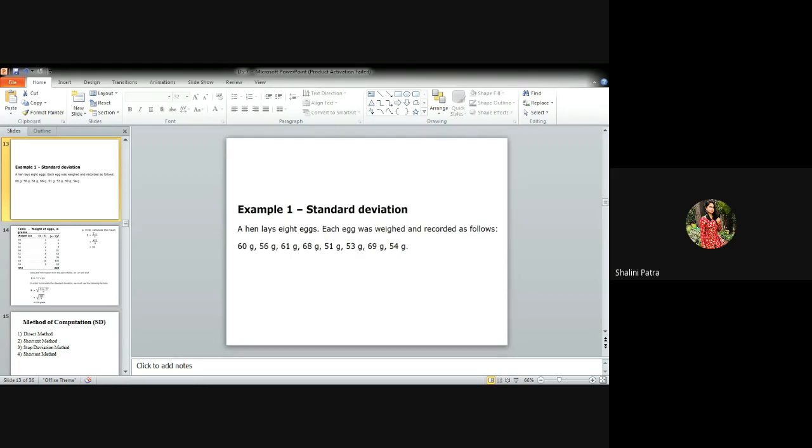Lynn Patnaik, what is your answer for mean? 59, sir. Ansu Ponda, Amit Ranjan Kara, what is your answer for mean?